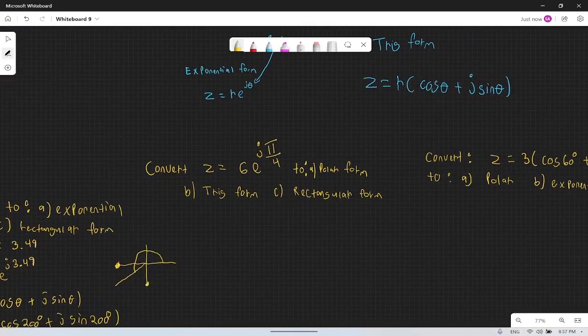Alright, and now we have another example. Convert this to polar form. We have our r value, so it'd be 6, and for the angle, unless specified, we can have our angle in radians as well. So you'd have 6 angle pi over 4, or we could have 6 angle 45 degrees.